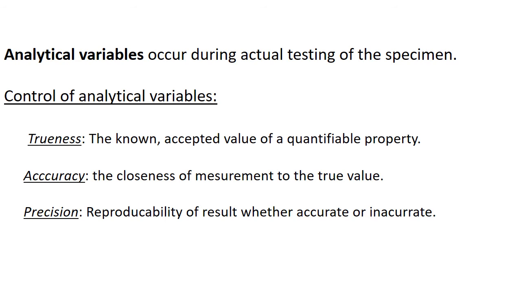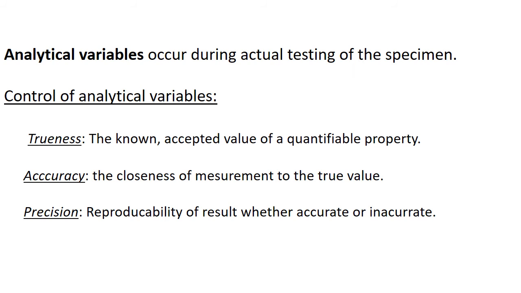It refers to the closeness, that is a degree of agreement of the estimated or measured value to that considered to be the true value. That is accuracy. Precision. Precision refers to the reproducibility of result, whether accurate or inaccurate.